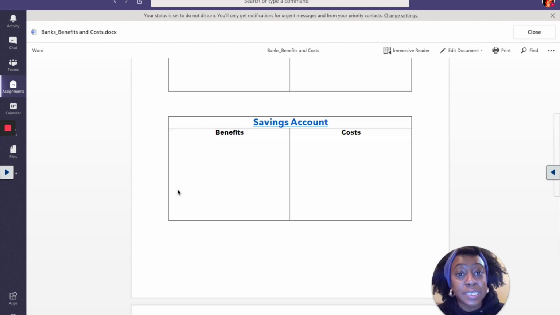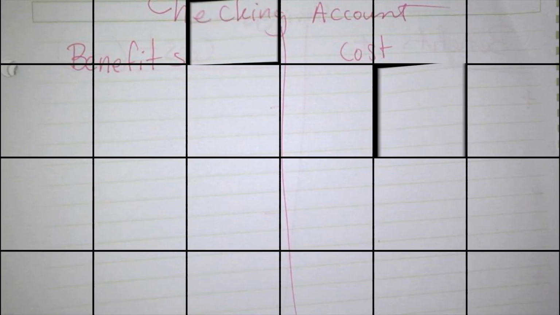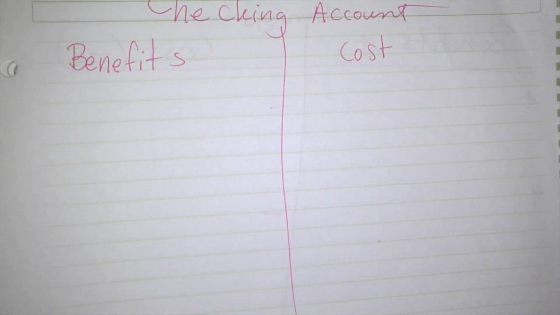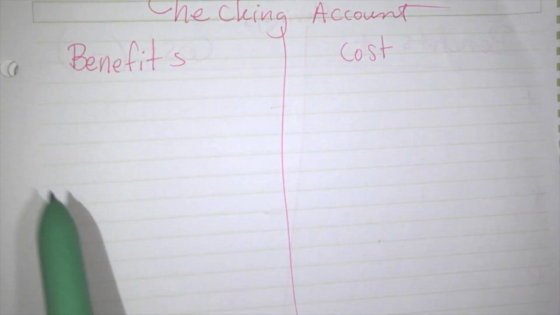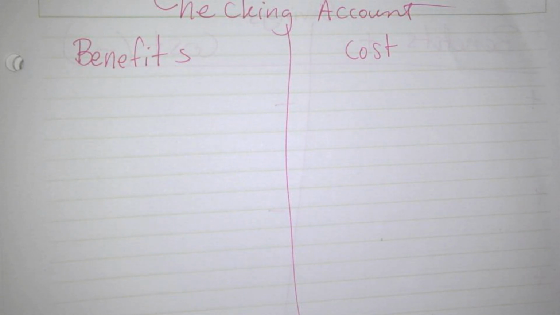In a few moments, I'm going to show you how to do it. We want to look and brainstorm the benefits and costs of checking accounts. Remember, checking accounts are places where you put your money. Your money doesn't get any interest. It's just sitting in an account.